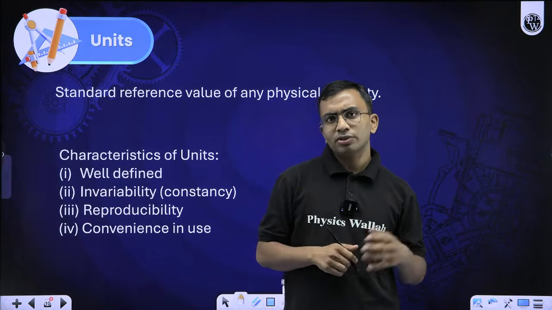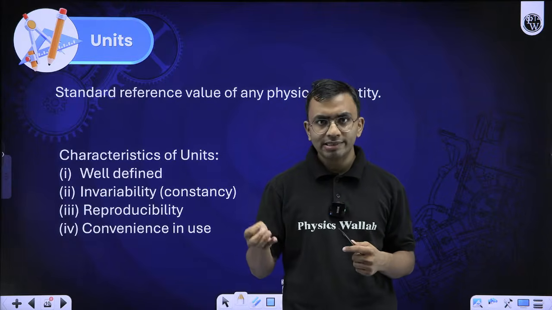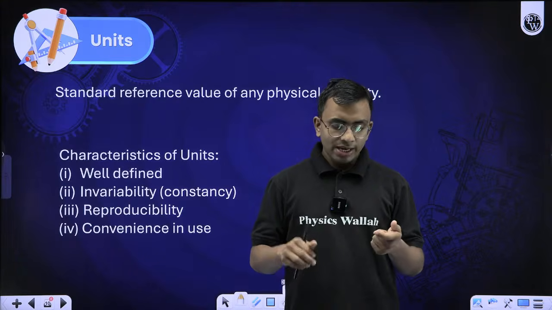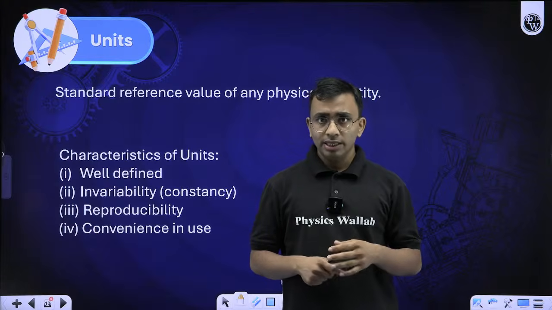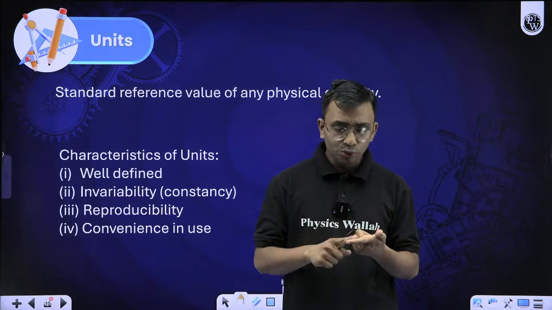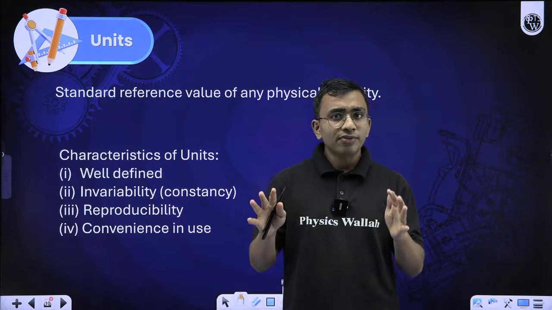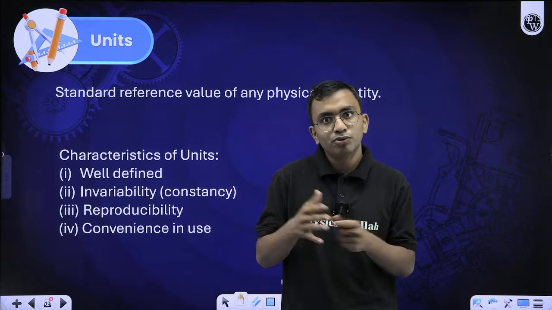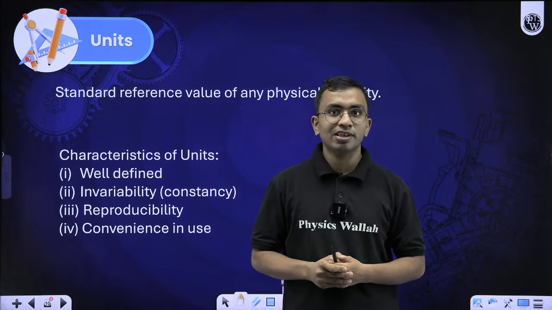I'm taking mass, but for temperature we have Kelvin, Fahrenheit, Celsius. For force, we have Newton, Dyne. For energy, we have calorie, joules, ergs. So there are many units of a physical quantity. They may have 2 to 3 well known, but there are even more units.